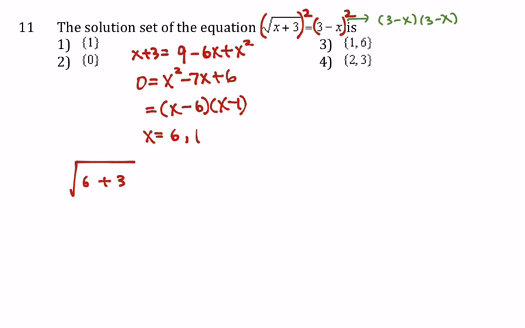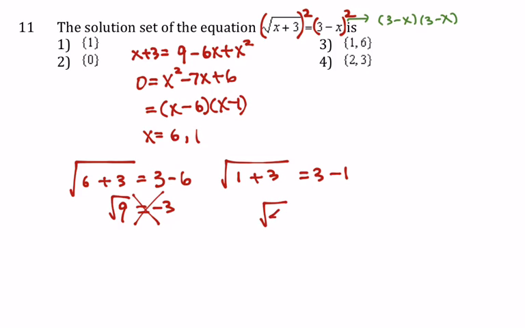So I'm checking for 6 right now. Now, on our right side we get negative 3 and 6 didn't work. How about 1? Okay, it seems like 1 is working. So therefore our answer is 1 alone.